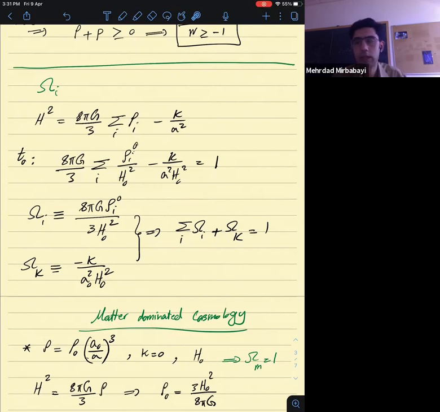So for instance, if I tell you that I have a matter-dominated universe with omega matter equal to 1/2, but no other type of energy density, then you would know that there will be an omega k equal to 1/2. So the spatial curvature of that universe has to be negative, because this sum has to be equal to 1.